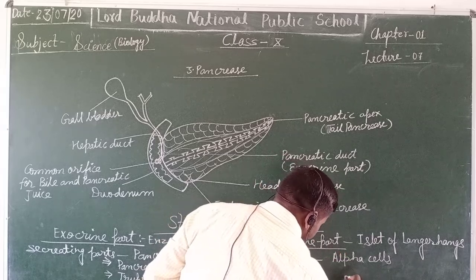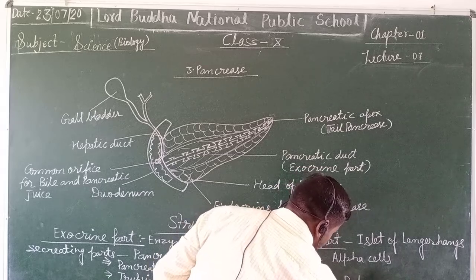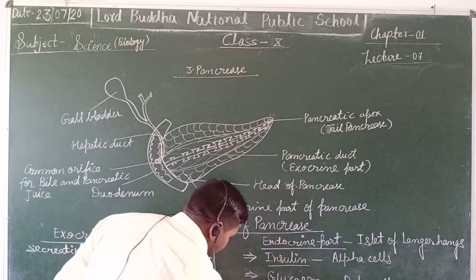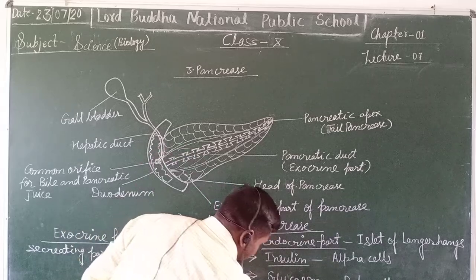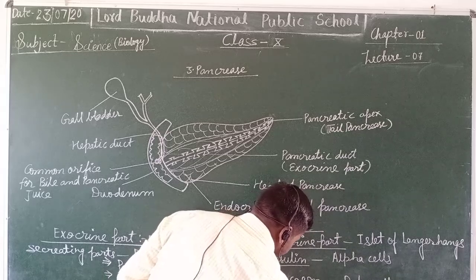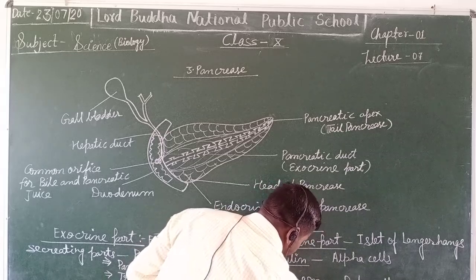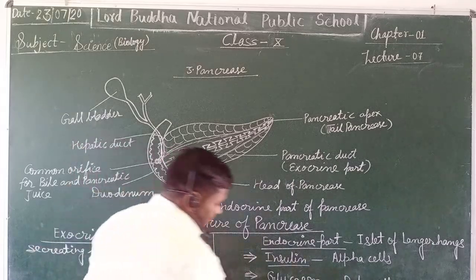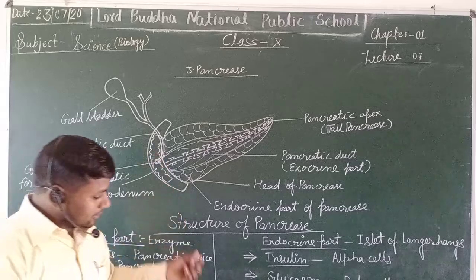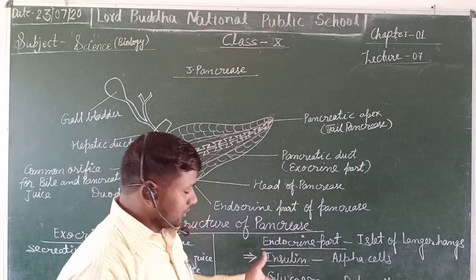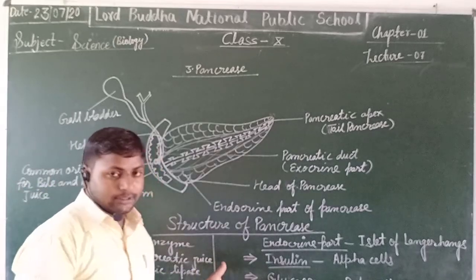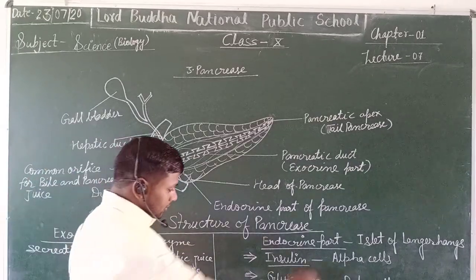These are called beta cells. Now the third important hormone secreted by the endocrine part of the pancreas is somatostatin. This hormone helps in regulation of fat metabolism and is also responsible for various kinds of movement inside the digestive tract for easy digestion of the food.